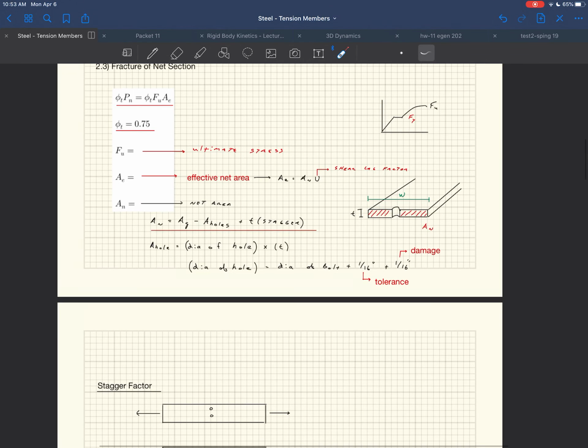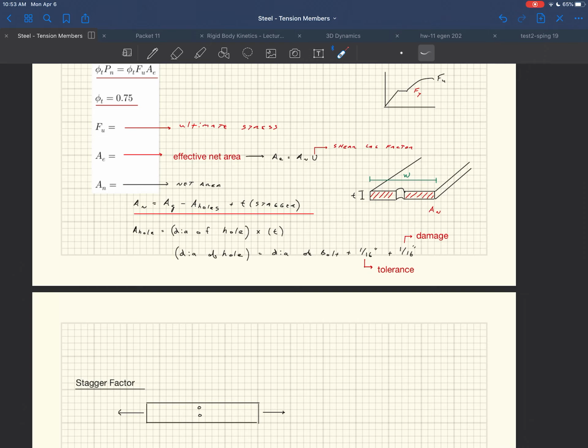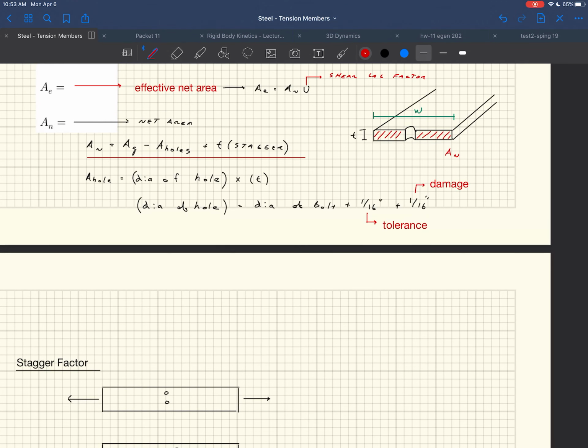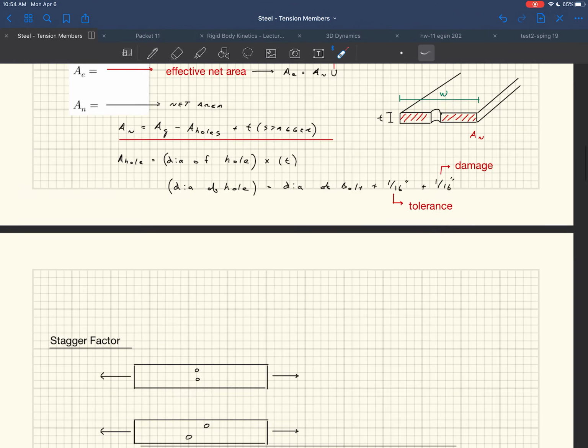Okay, so we're almost there. But the last thing we do have to talk about is the stagger factor. I also want to talk about how the code presents it. What the code does is, like I said before, you're not going to see the gross area minus A holes plus the stagger factor times T, which we'll talk about in a second. We've got to come back to what a shear lag factor is as well. But you're not going to see a variable like this.